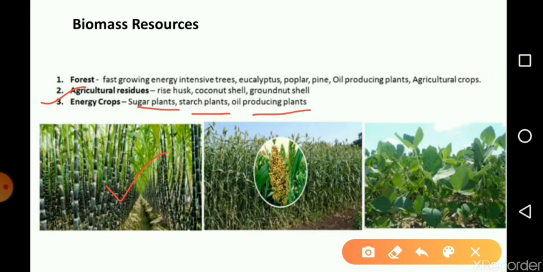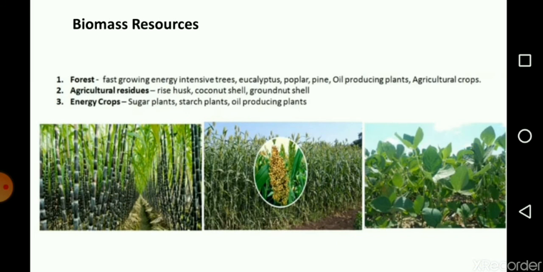Also we can get some ethanol production from this sugar plant by a fermentation process through yeast and bacteria. The second figure shows sorghum plants, and these are used to produce biodiesels and bioethanols. So it's the same for all oil producing plants.